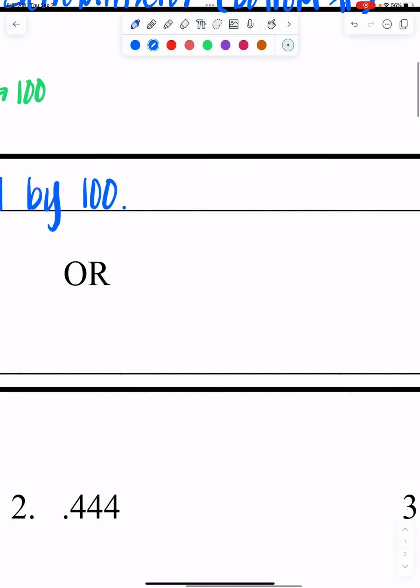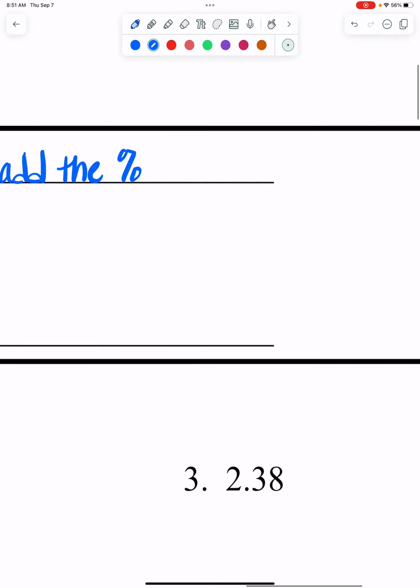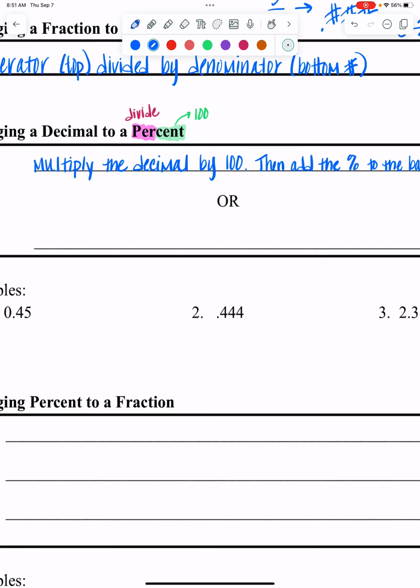Then add the percent sign to the back. The other option is to move the decimal two places to the right.